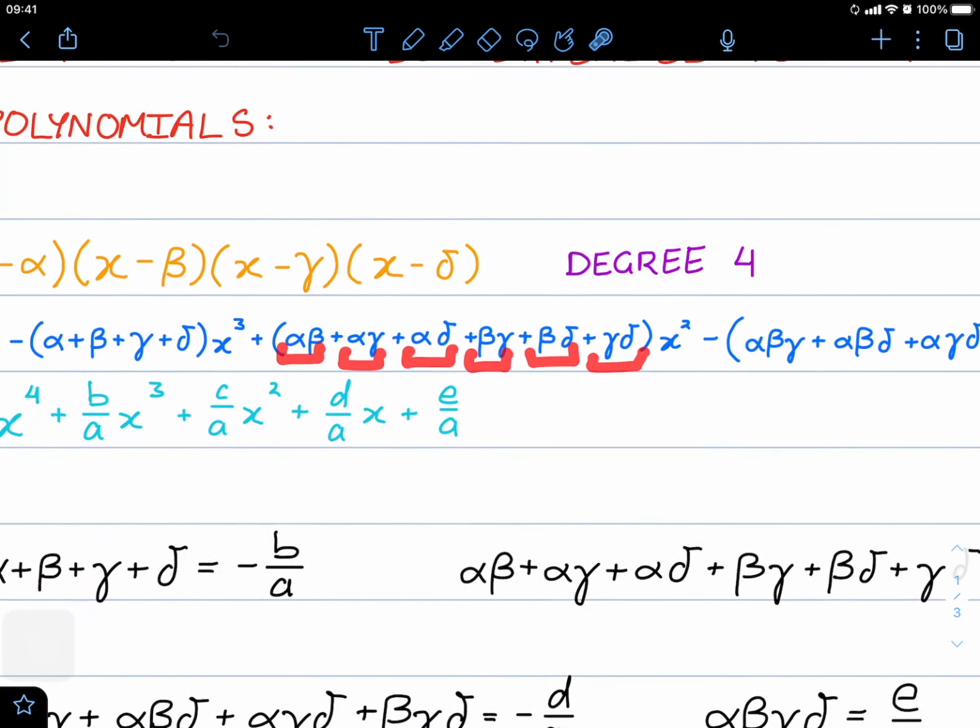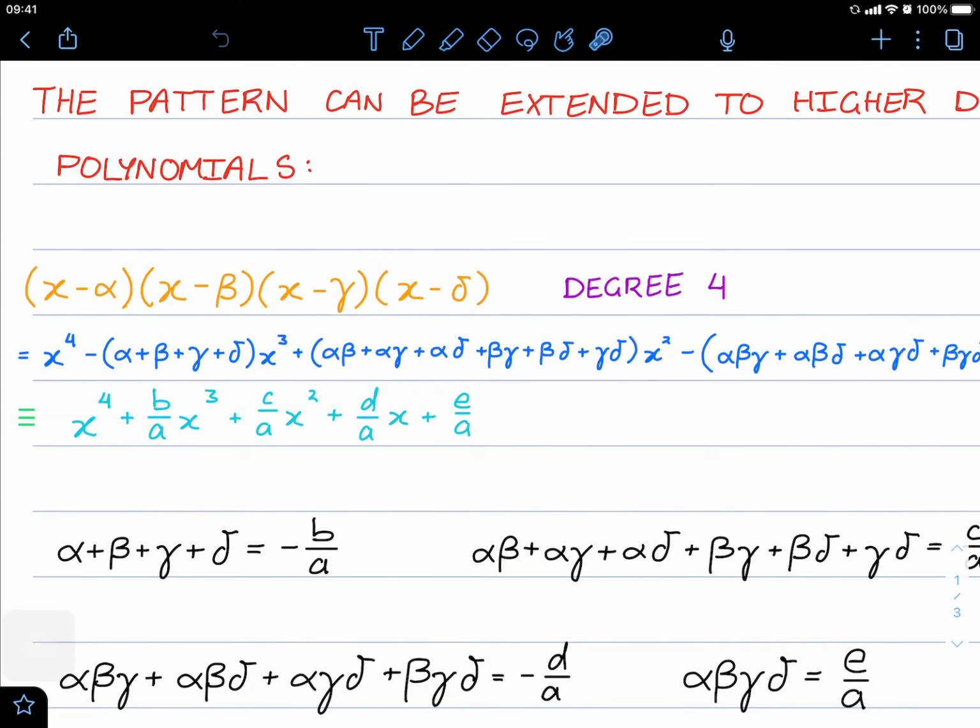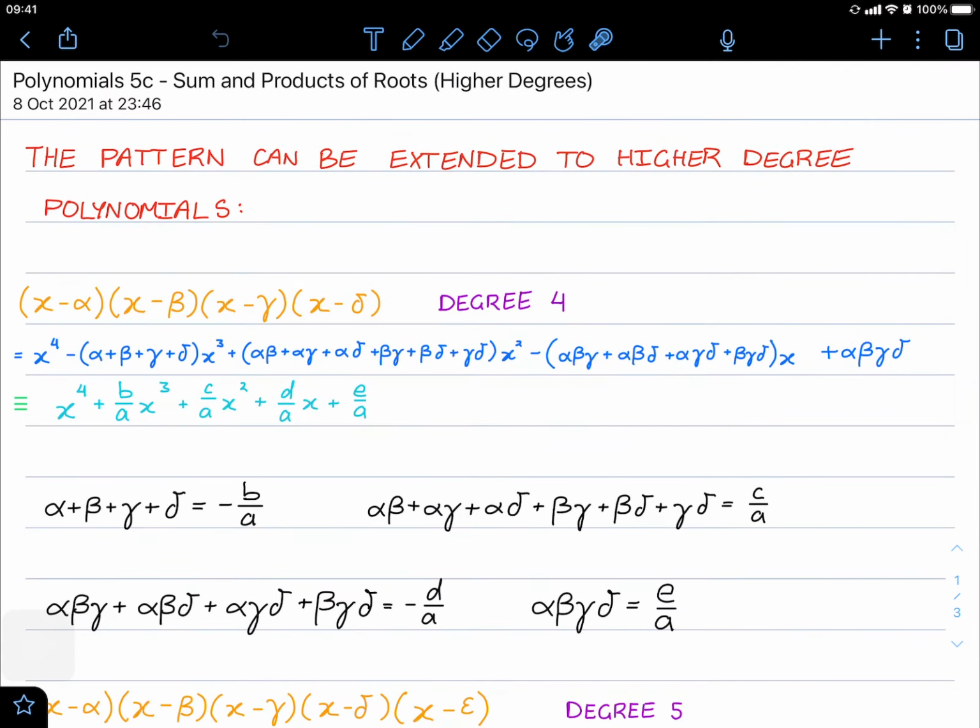And if you're wondering how we find those, we pair them up. This one plus this one plus this one plus this plus this plus this. So we're finding all the different combinations of 2.